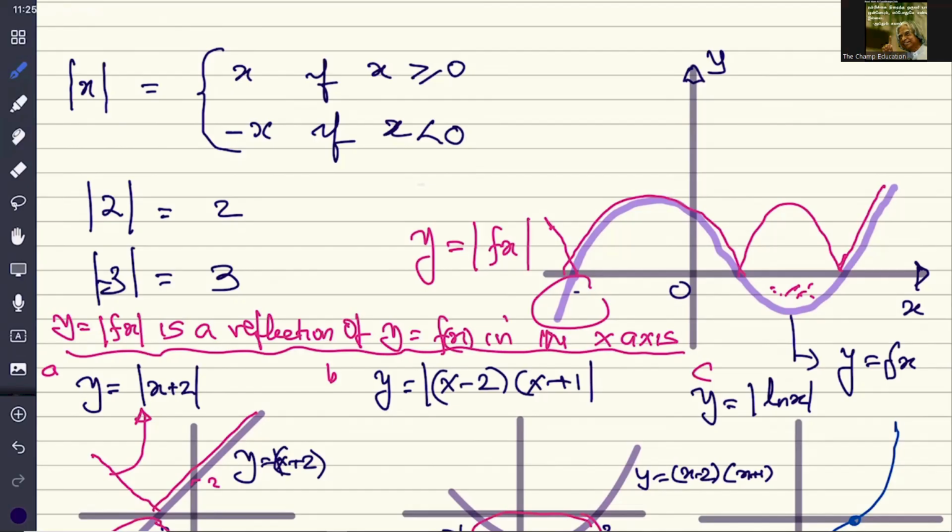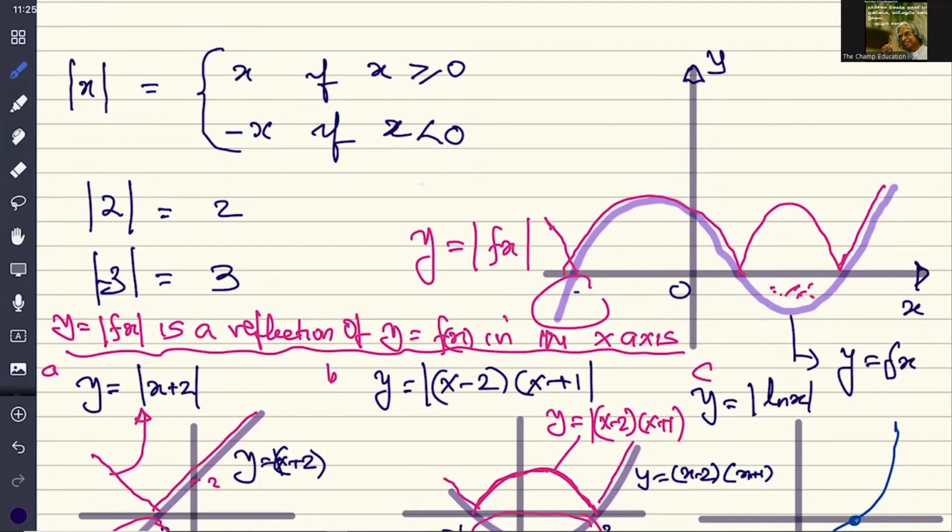Therefore, that's going to be something like this. It's going to come like this. So the graph will be like this. So this is going to be y equal to modulus of x minus 2 times x plus 1.